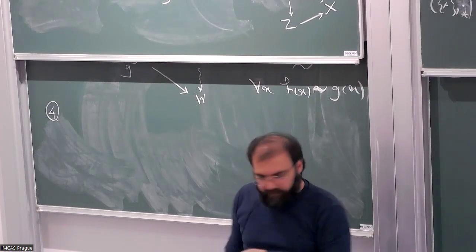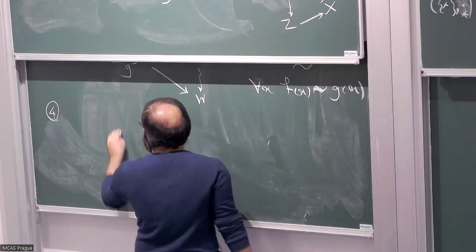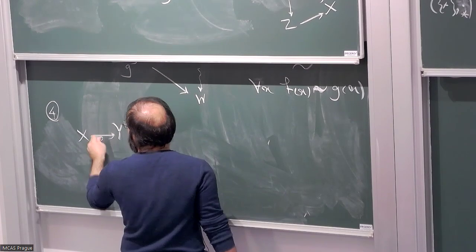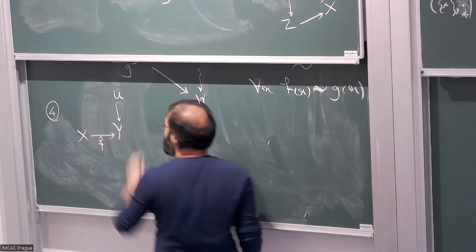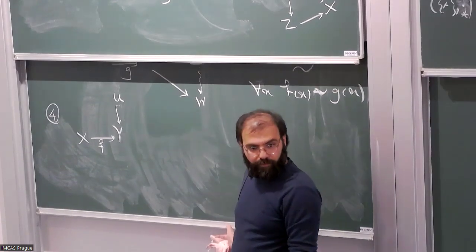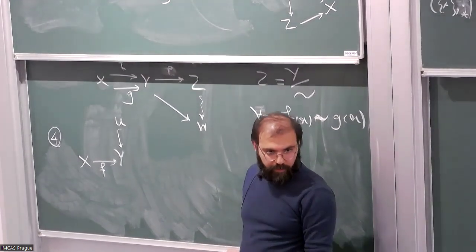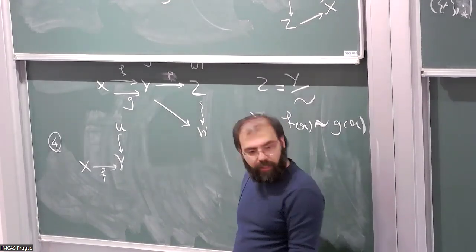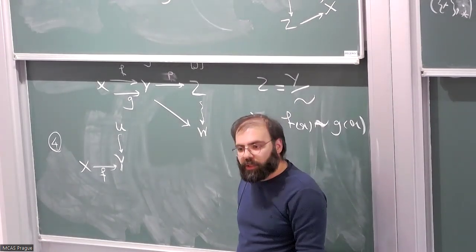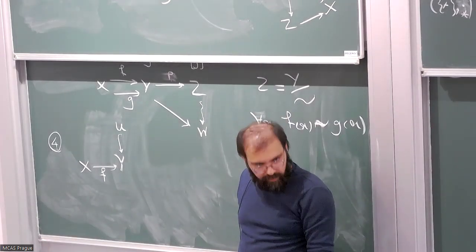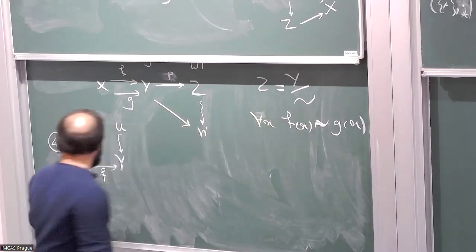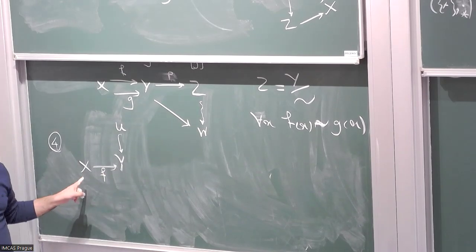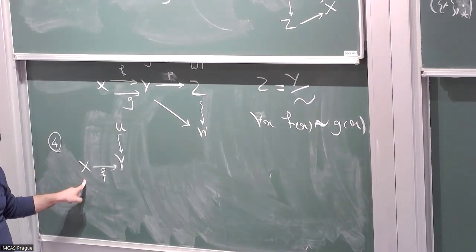So if you have a subset, so let's say that I have a function, and I have a subset, right? Formally a monic, right? So one of the constructions that I have in set theory is just constructing the inverse image, right? You can compute f minus 1 of u as a subset of x.